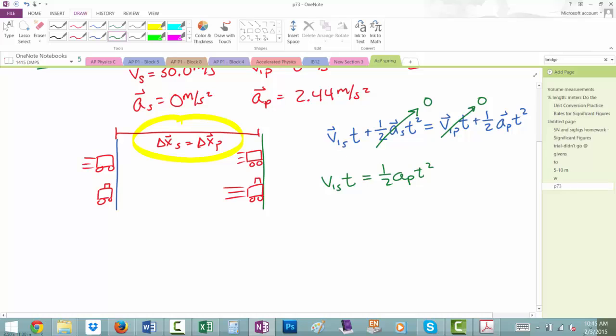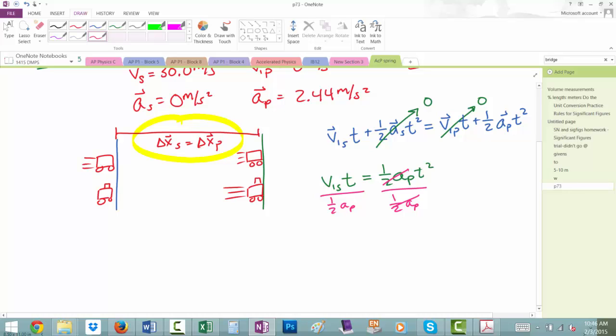Divide both sides by 1/2 A, and then divide both sides by T. Okay. Did you guys all catch that? Okay. Divide both sides by 1/2 A. So that's going to get rid of that mess. And then she's going to divide both sides by T.